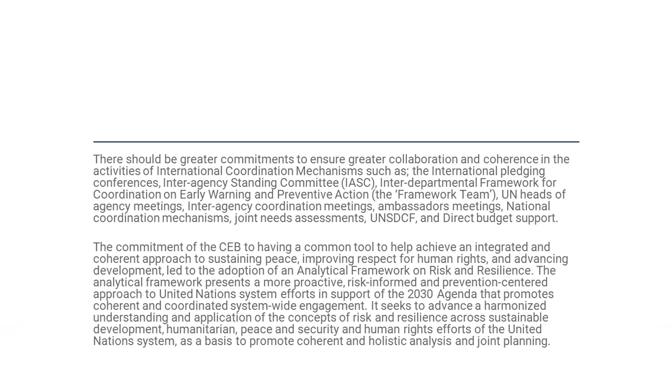The commitment of the CEB to having a common tool to help achieve an integrated and coherent approach to sustaining peace, improving respect for human rights, and advancing development led to the adoption of an analytical framework on risk and resilience.